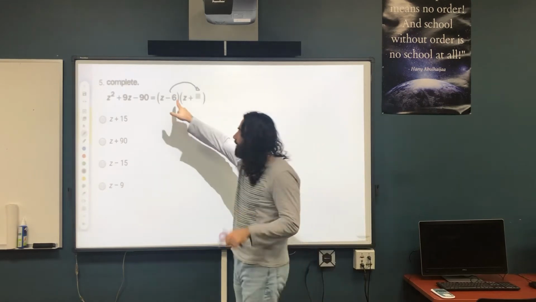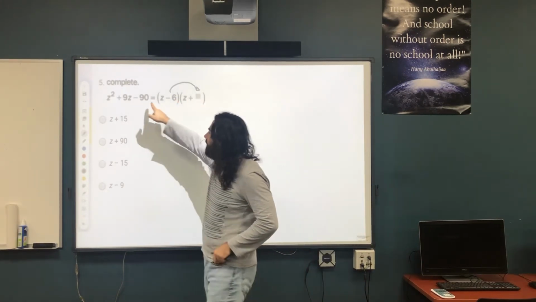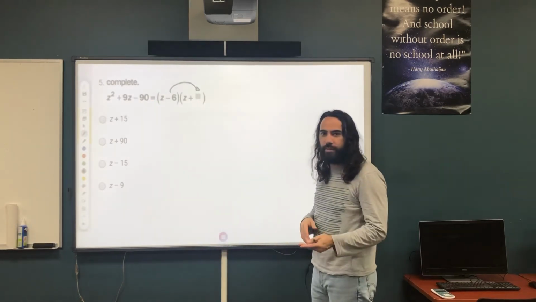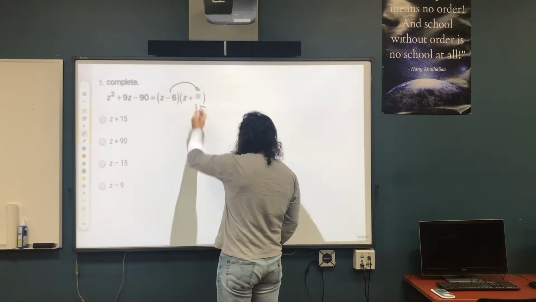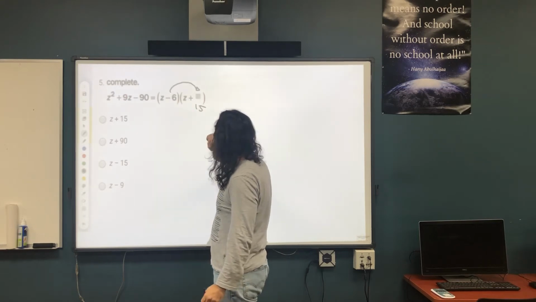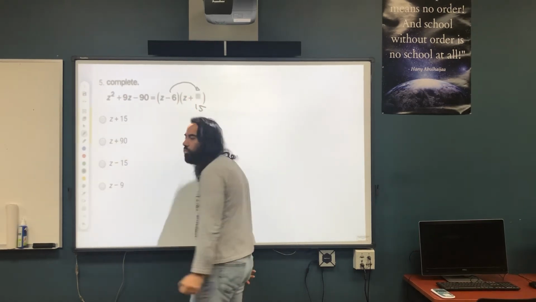Negative 6 is just the number by itself. And we need to multiply by the number that gives us negative 90. Which number gives us negative 90? It's of course the 15. So 15 times negative 6 is negative 90. So it's going to be z plus 15. So the answer is the first one.